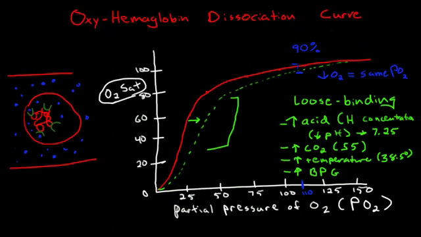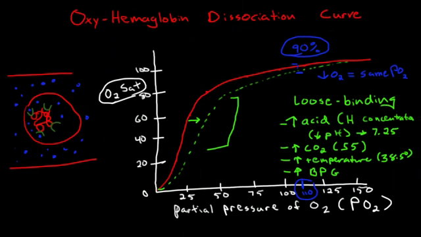So all of these things will shift the oxygen hemoglobin dissociation curve to the right. And again, this kind of looks bad because if you look at the patient's oxygen saturation, it's lower than it was otherwise, but it's lower for the same partial pressure of oxygen.